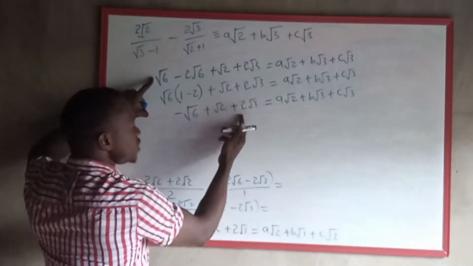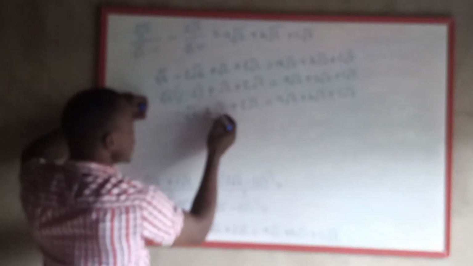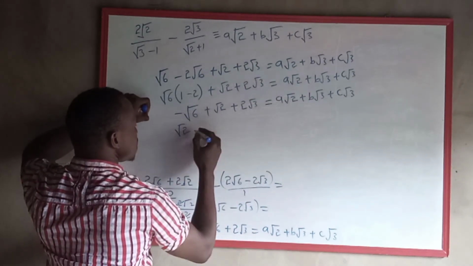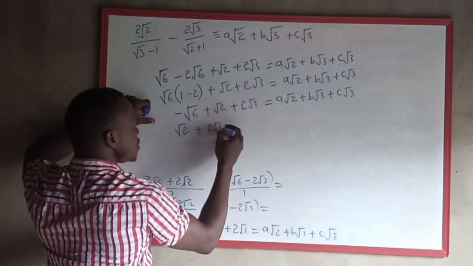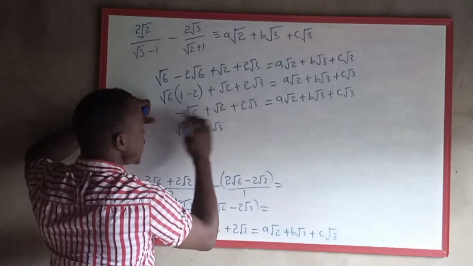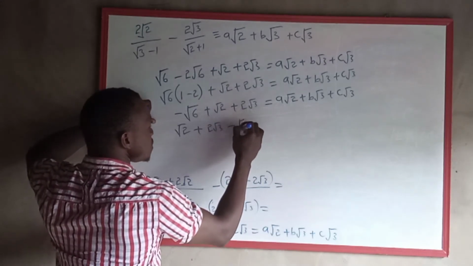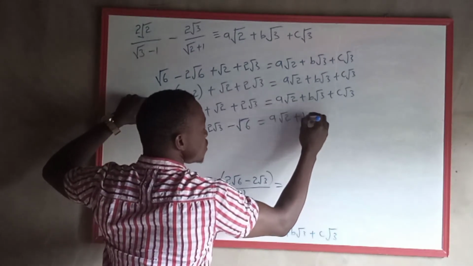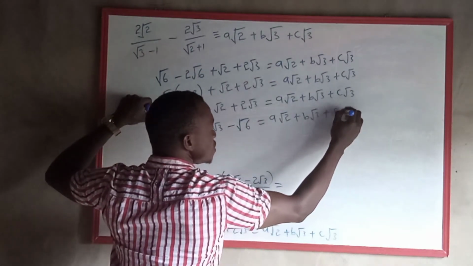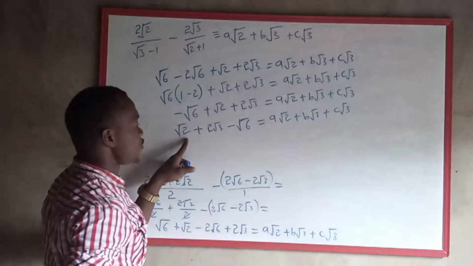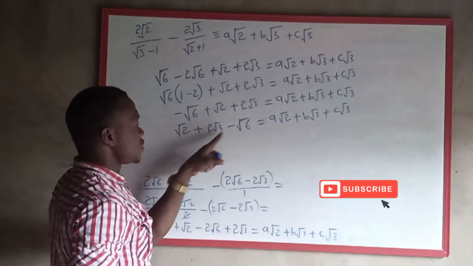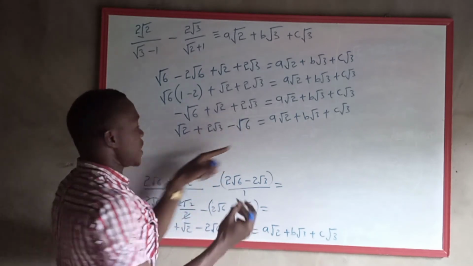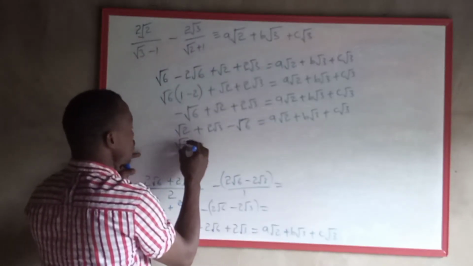So let us rearrange this in this form. So we have it as root 2 first, which is that, then root 3 second, 2 root 3, then we have minus root 6 left. Minus root 6 is equal to a root 2 plus b root 3 plus c root 3. Now we have root 2 there, we have root 3 there, but we're having root 6, so we have to break out this root 6 to give us root 3 times root 2.